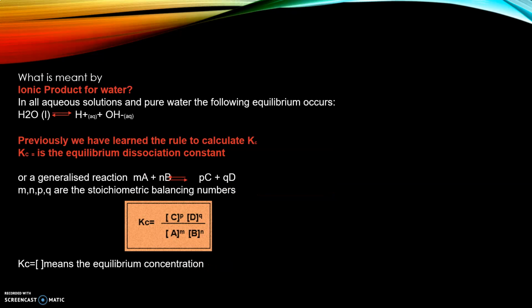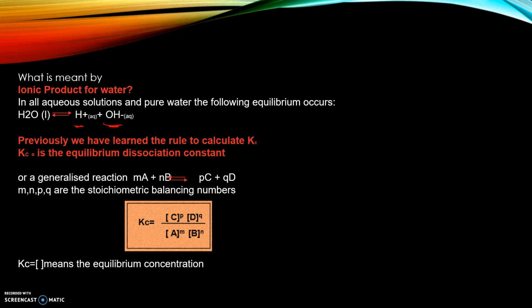Now, what do we mean by the ionic product of water? In aqueous solution, pure water can dissociate into a proton, H+, and OH-.